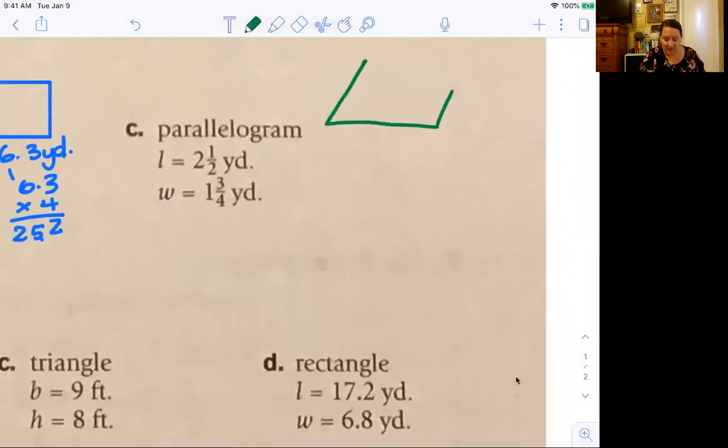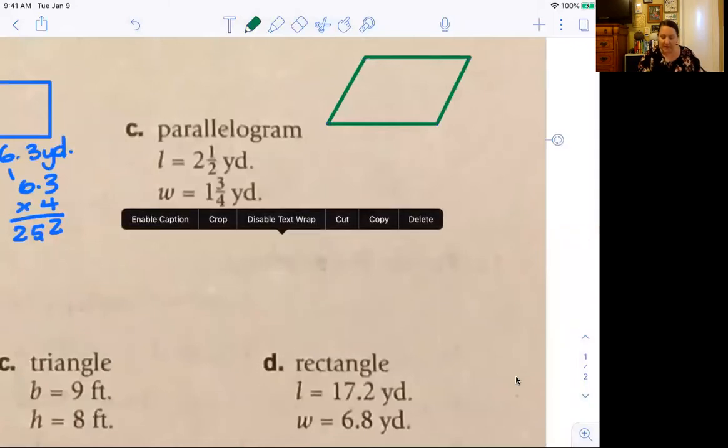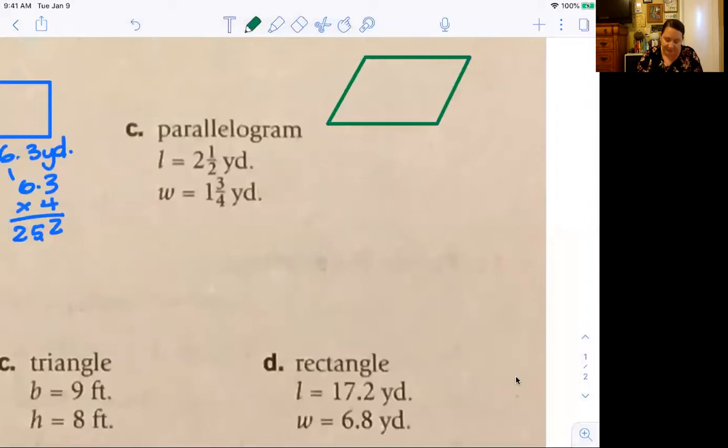Now we've got a parallelogram going on here, and the length of the parallelogram is 2.5 yards, and the width of our parallelogram is 1 3/4 yards. Remember, a parallelogram is in essence the same as a rectangle when it comes in regards to perimeter.